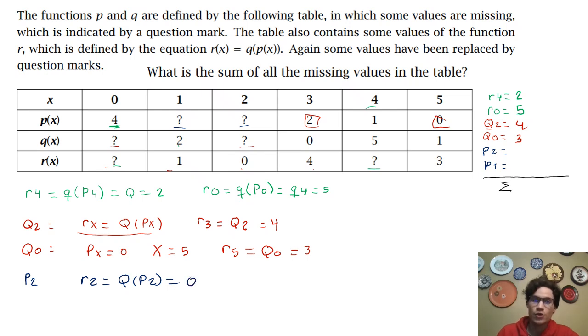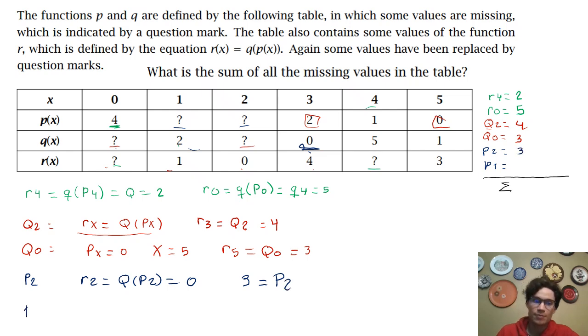The question is when Q is equal to 0. Q is equal to 0 when X is equal to 3. So 3 is equal to P2. This is the next missing value.